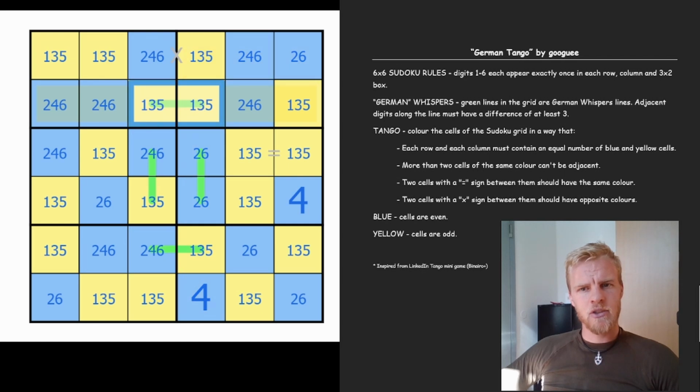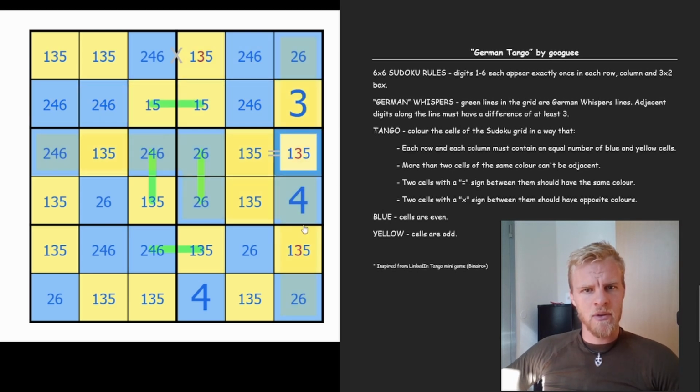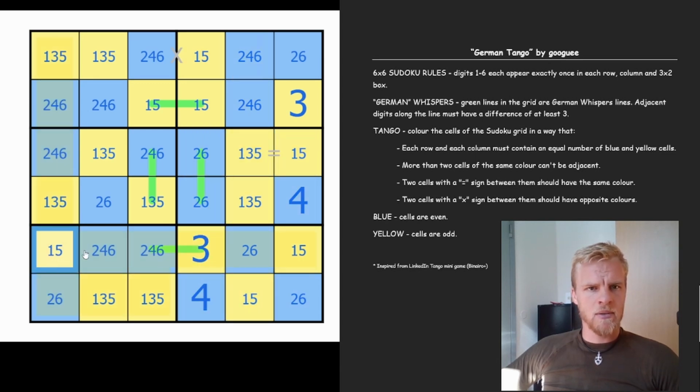Is 3 a valid option here? 1 is not 3 apart and 5 is not 3 apart. So this is a pair and we do get a 3 here, but not here. 3 is looking down onto this. And this is our 3. Now 2 is not 3 apart from 3, or 4 is not. So this is 6.